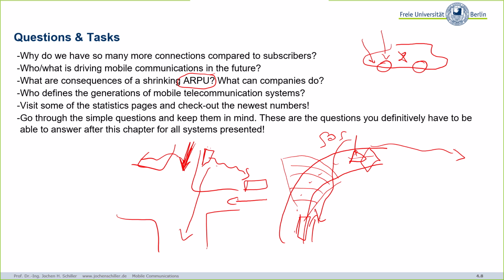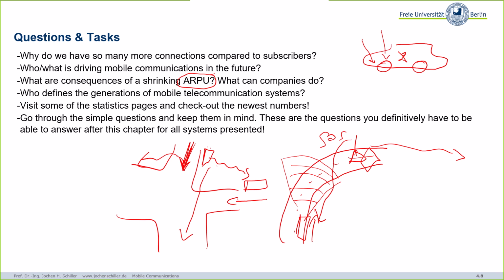Okay, then a question is, who are the actors in this generation game of mobile telecommunication systems? Who actually says now, this is a fourth generation, and this is a third generation, and this is whatever?